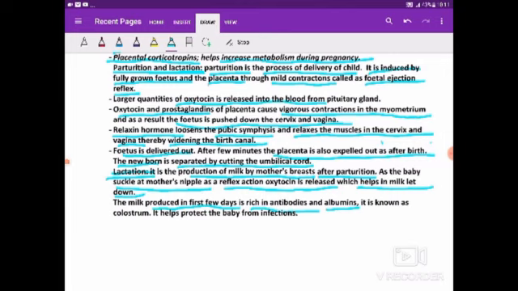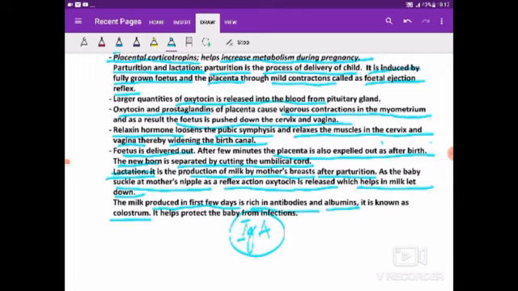It's very rich in all the nutrients, and especially rich in antibodies, one type of antibody, IgA, immunoglobulin A. So we know that antibodies are immunoglobulins. So that immunoglobulin A will be coming into the mother's milk, and this milk is called colostrum.